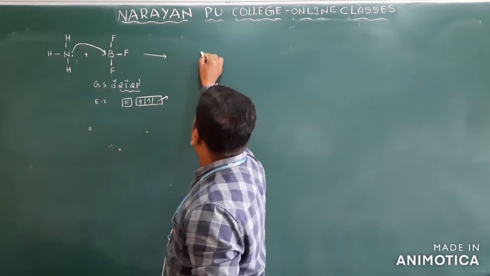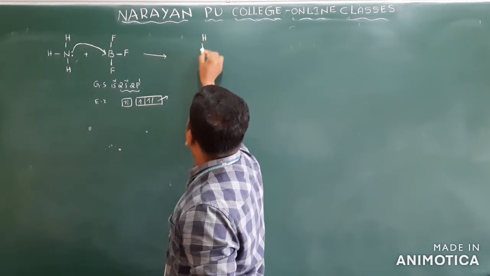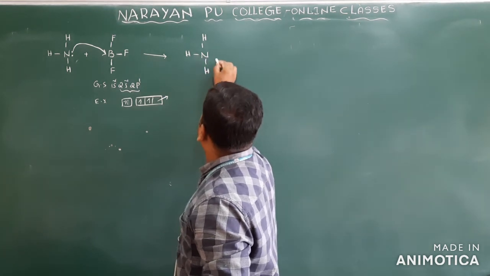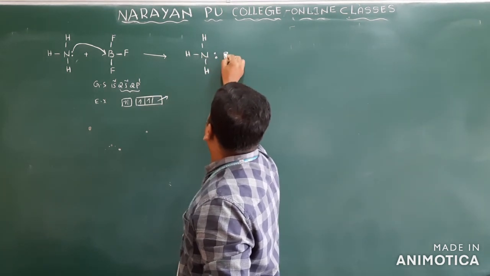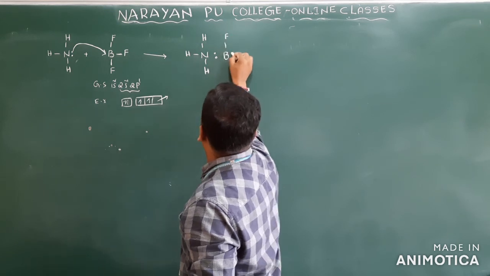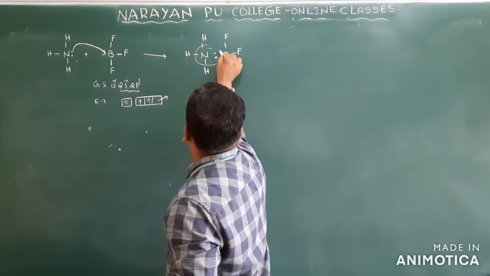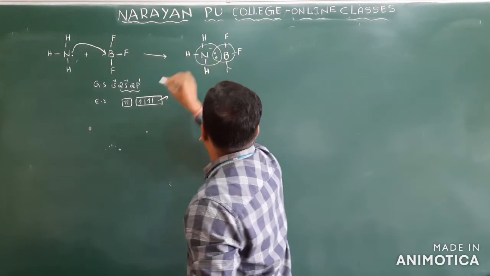Clear? So now what we have right here? Hydrogen, hydrogen and hydrogen, and these electrons are shared by both the atoms here. Fluorine, fluorine and fluorine. Clear? These electrons belong to both the central atoms.